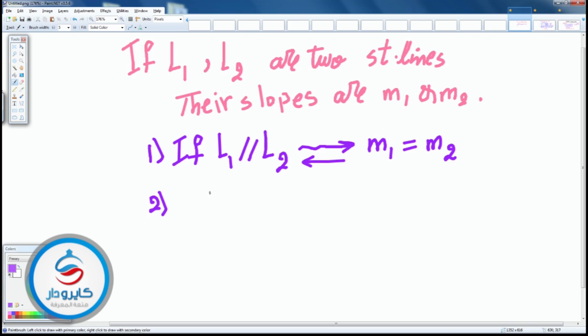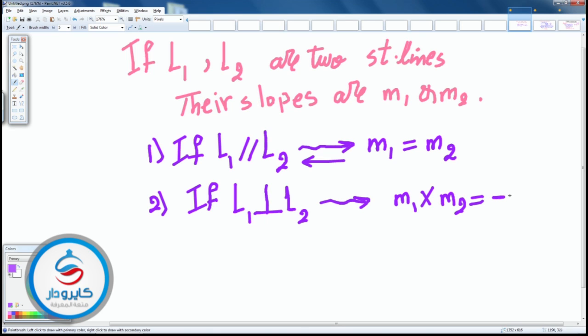Second, if L1 is perpendicular to L2, two perpendicular straight lines, that means the product of their slopes equals -1.